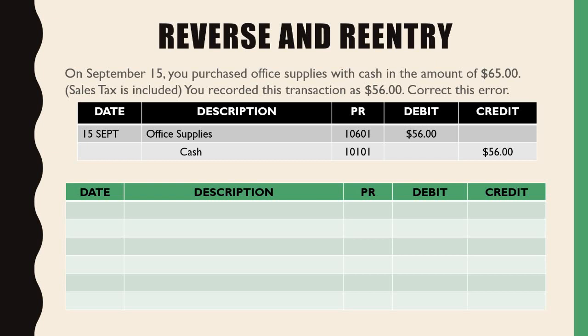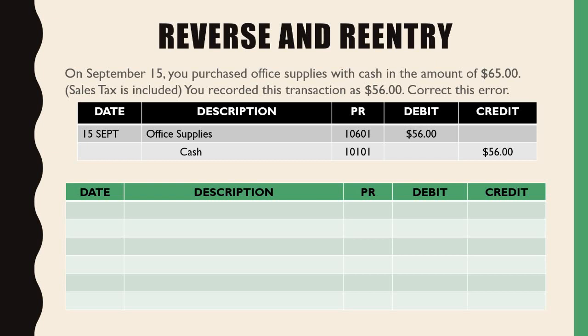And of course, you recorded this transaction as $56, okay? Correct this entry. Now in this case, maybe you bought the office supplies and it's late in the day, and then the next morning you come across it and you're like, oh, I made a typo.